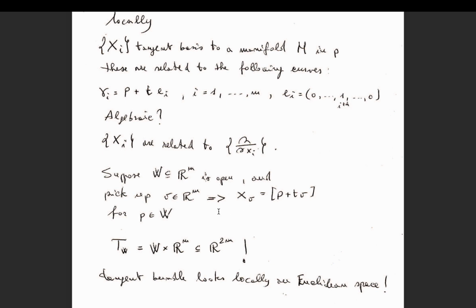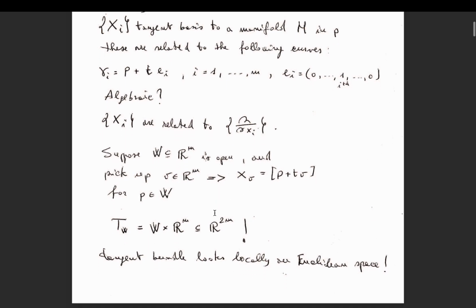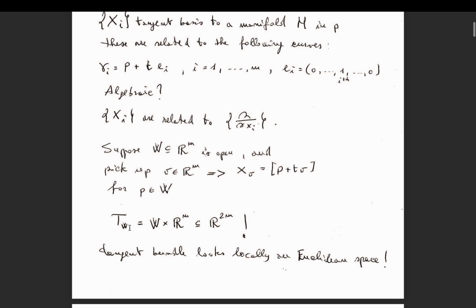So what we have to do if we want to describe the tangent bundle to the open set W, which is an open set of reals, is just pick up a point p of W and a vector v in R^m.